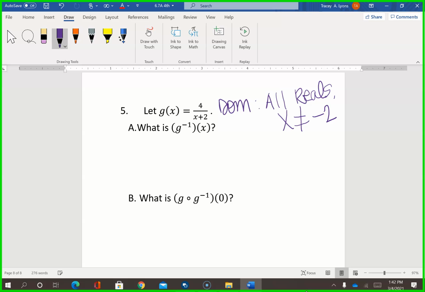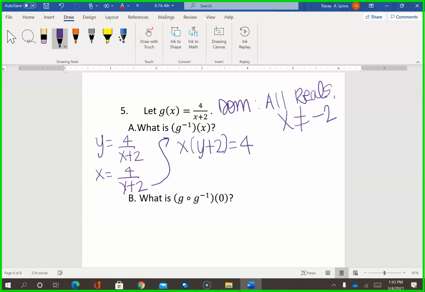Okay, then we find out what our inverse is. Y equals 4 over x plus 2. We switch them. We multiply both sides by y plus 2. And then we divide by x, because I want to get it out of there.